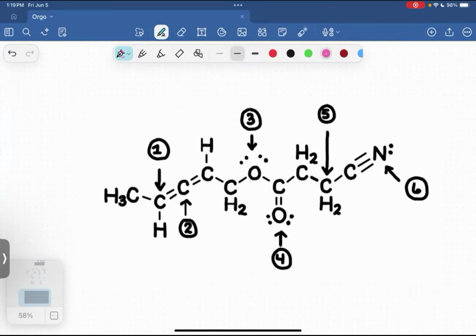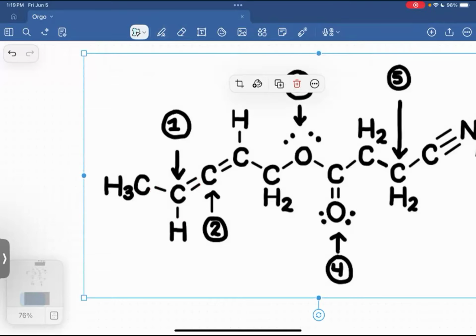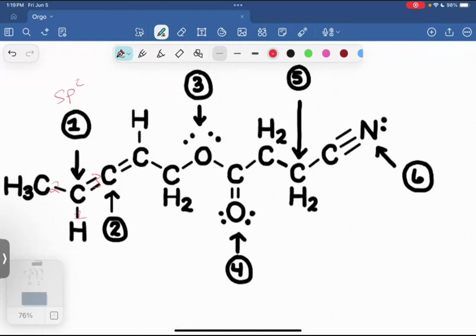Let's just start with number one. How many not bonds, but groups are coming off of that carbon? One, two, three. Number one is sp2. How about that oxygen?